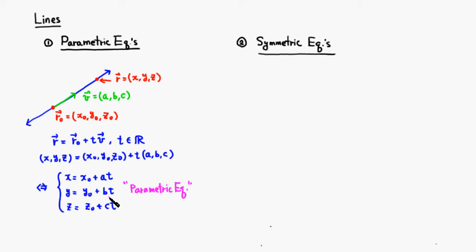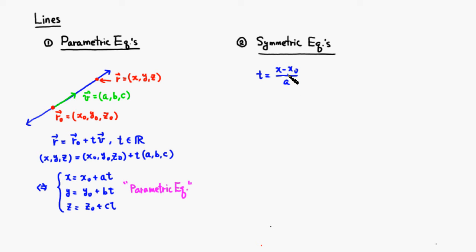Another way to express the equation for the same line is the symmetric equation. What we do is solve each of these three equations for t. Solving for t from the first equation, subtract x0 from both sides to get x minus x0, then divide through by a to isolate t.